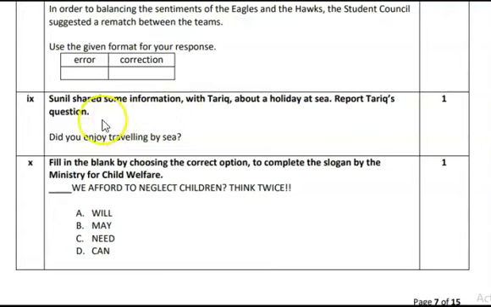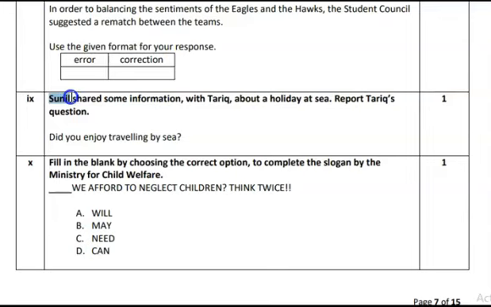So Tariq asked Sunil if, conjunction. So here our reporting verb is changing: Tariq asked Sunil, in place of shared. Then conjunction will be either if or whether. So Tariq asked Sunil if. Now this he will change according to Sunil, so it will be changed into he.